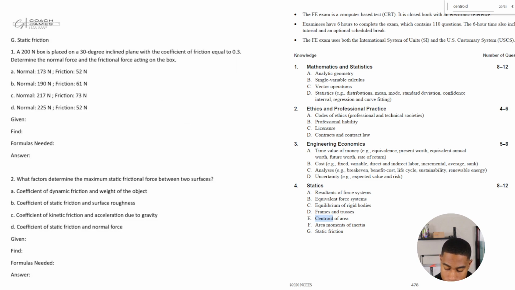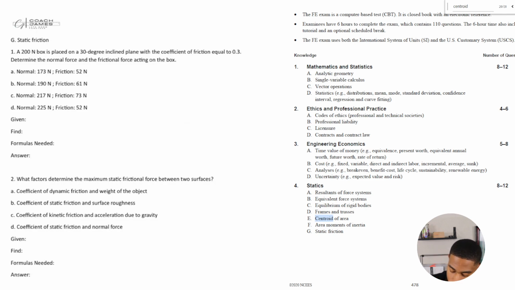This one says a 200 Newton box is placed on a 30-degree inclined plane with the coefficient of friction equal to 0.3. Determine the normal force and frictional force acting on the box. All right.